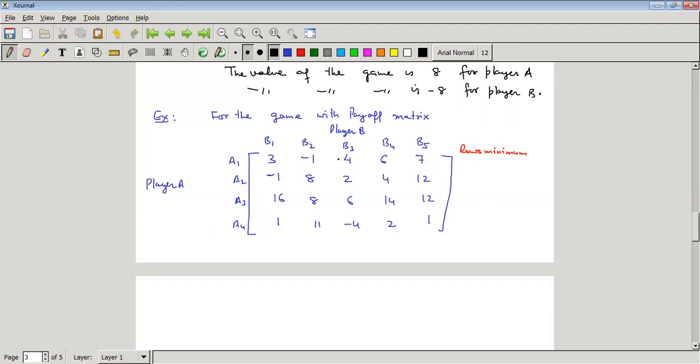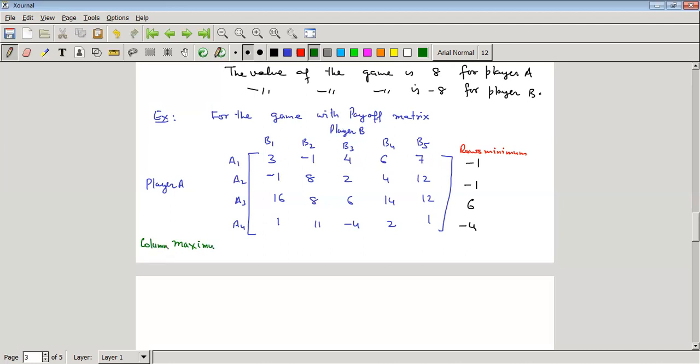So the minimum of the first row is -1, so we write -1 here. The minimum of the second row is again -1, so we write -1 here. The minimum of the third row is 6, so we write 6 here. And the minimum of the fourth row is -4, so we write -4. Now we find the maximum of each column, or we can say column maximum.